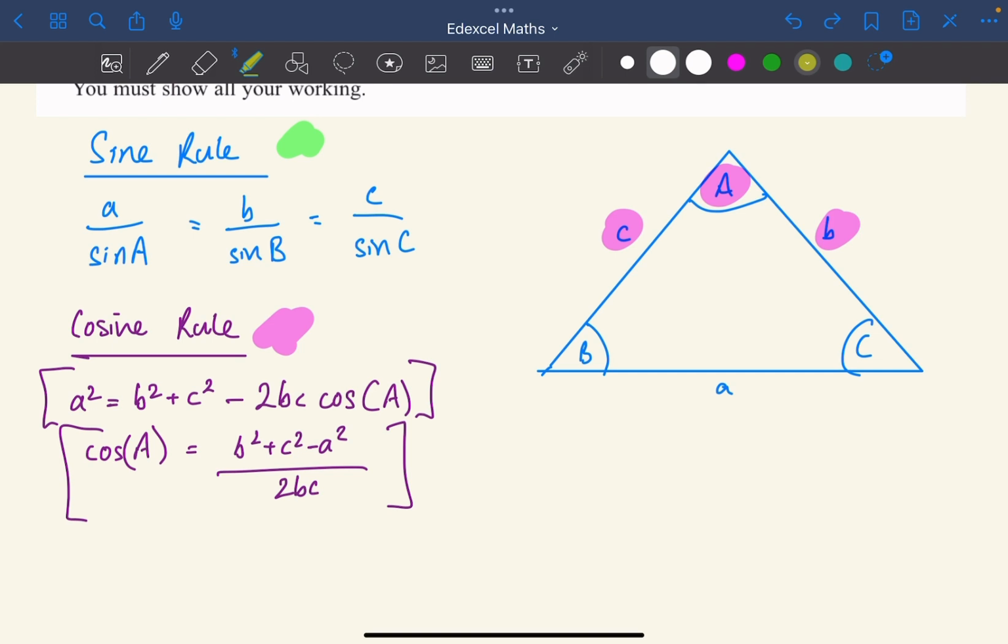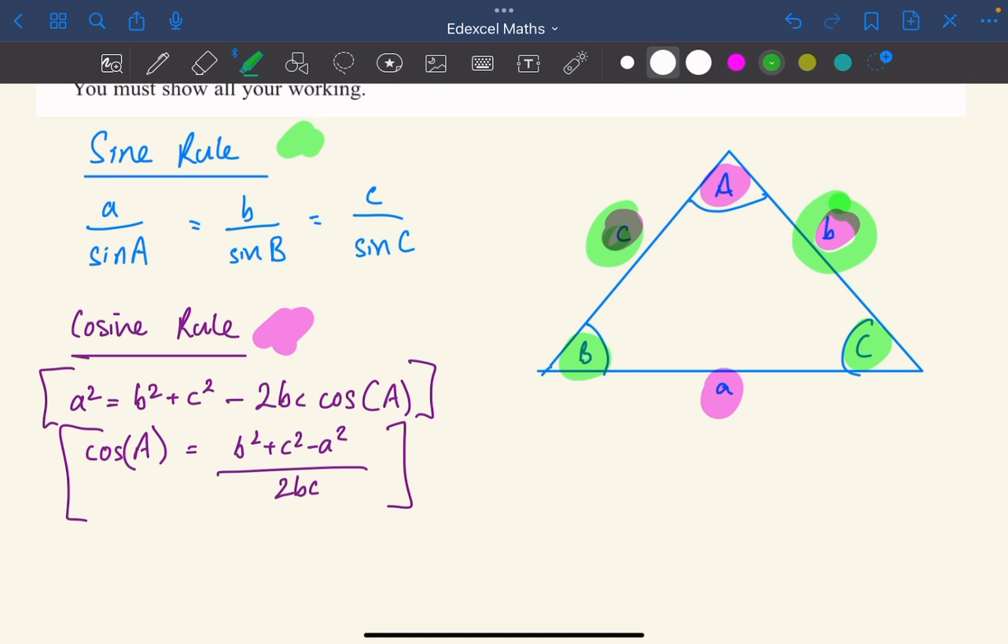The sine rule is basically if you know this and this and this, but you might not know this one, or vice versa. So I hope that makes sense.